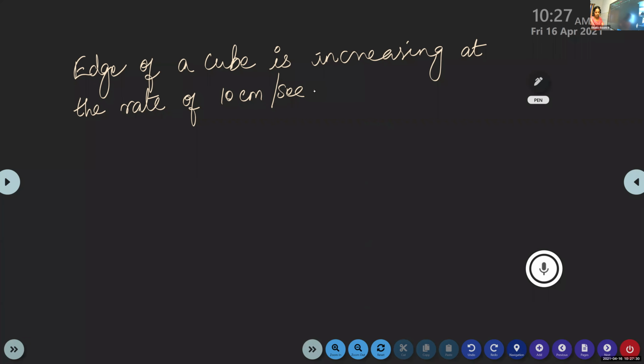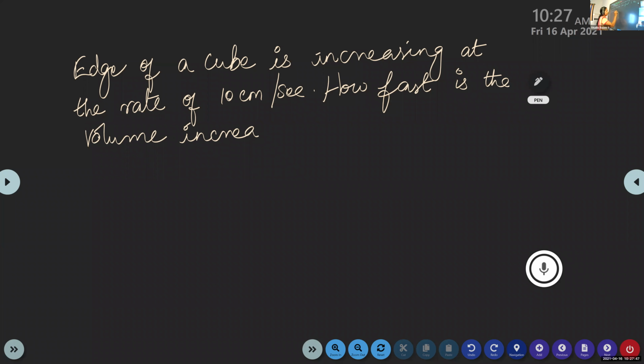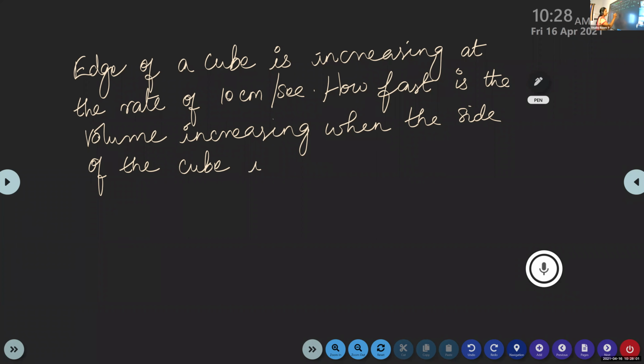How fast is the volume increasing when the side of the cube is 5 centimeter long?